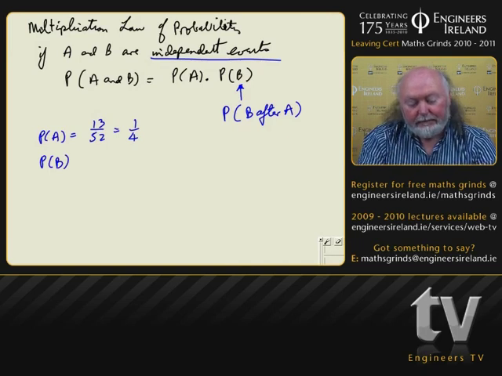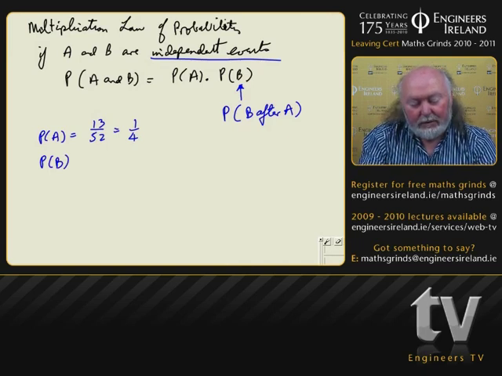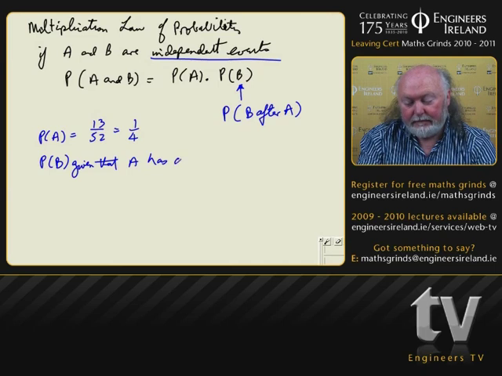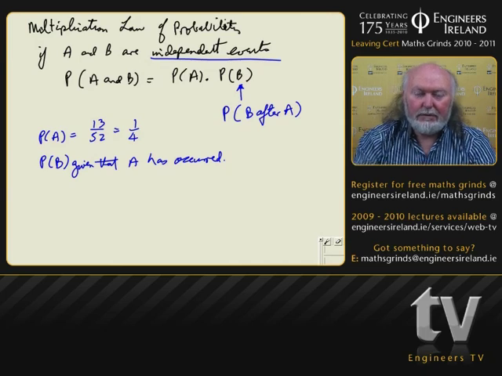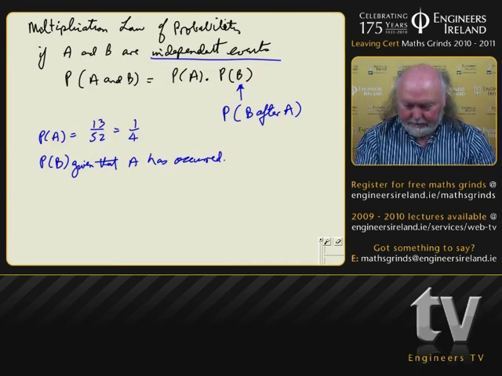Well, we're saying given that A has occurred, there aren't 13 of them in there anymore. There's only 12 of them.